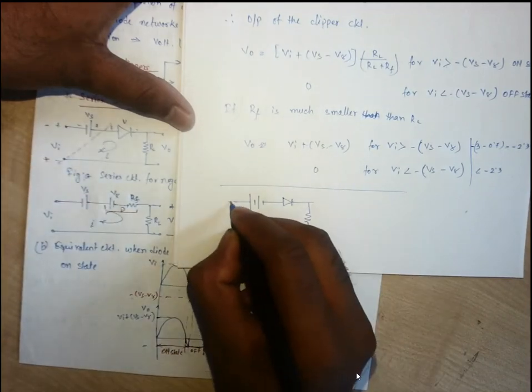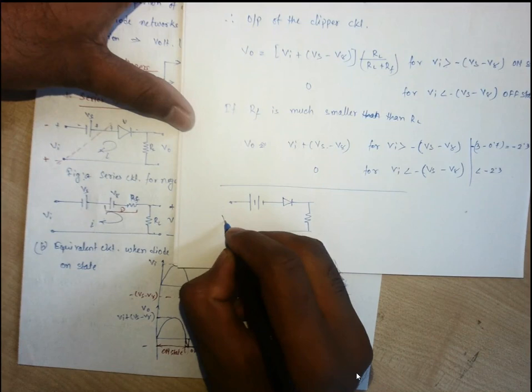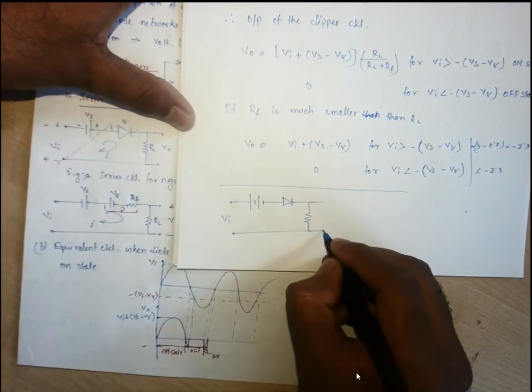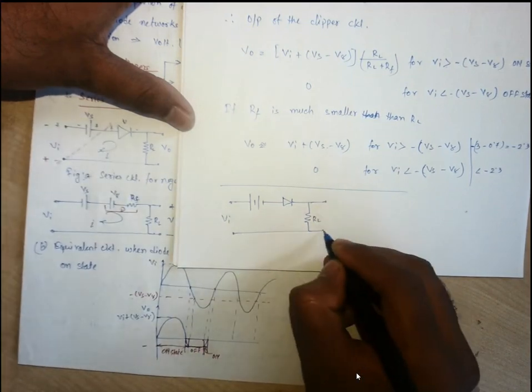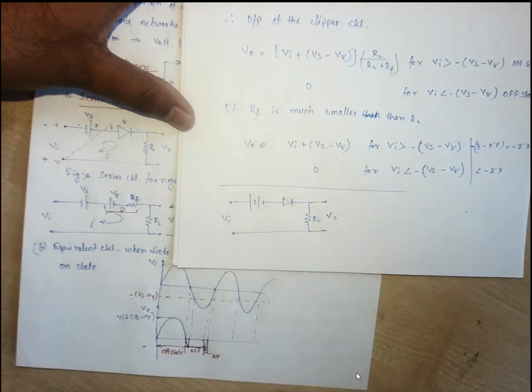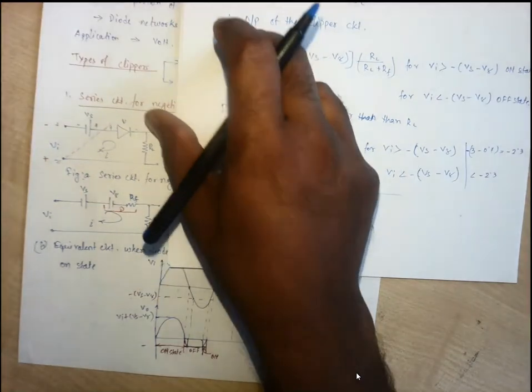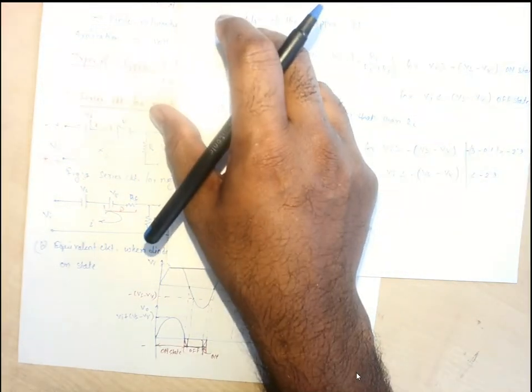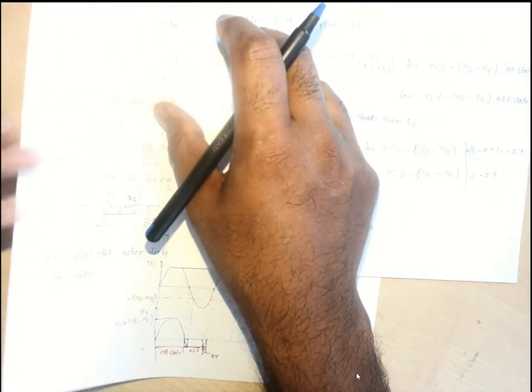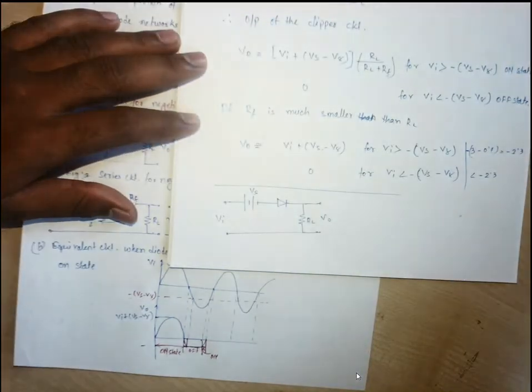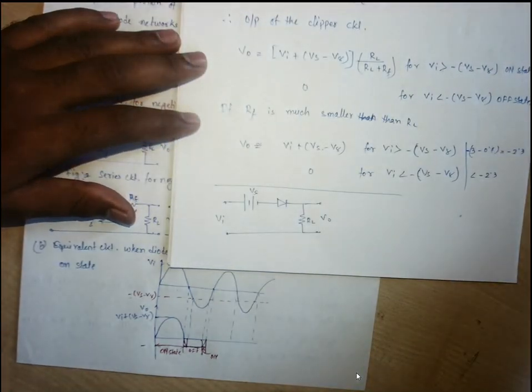Try to find out the output, given Vi and RL. This is what your Vs is. Fine, I hope you can do that.